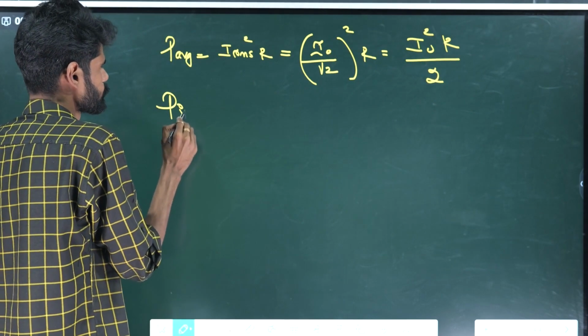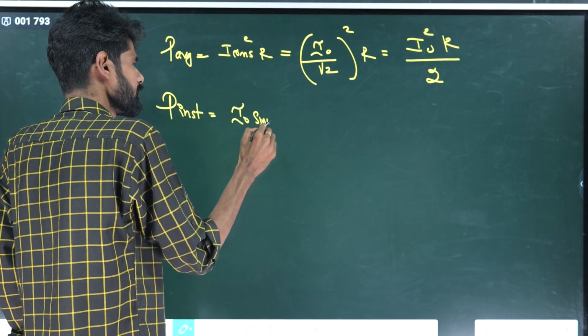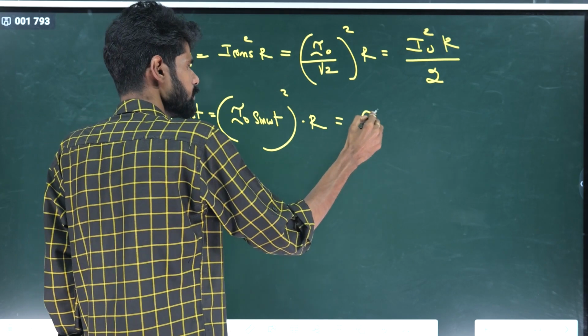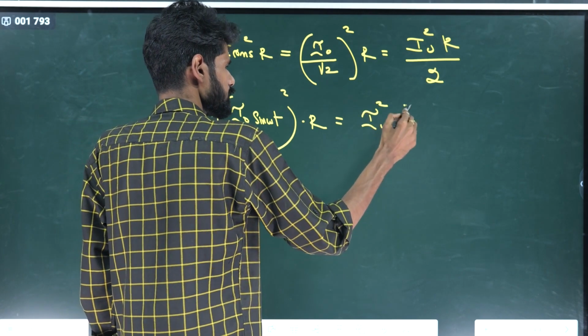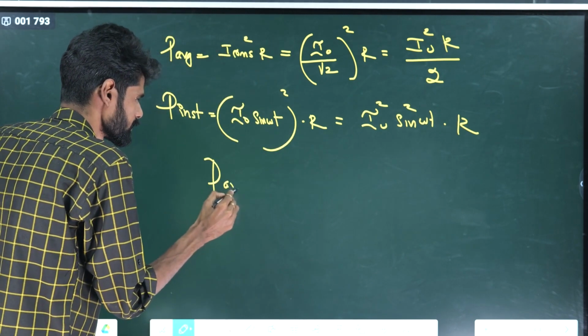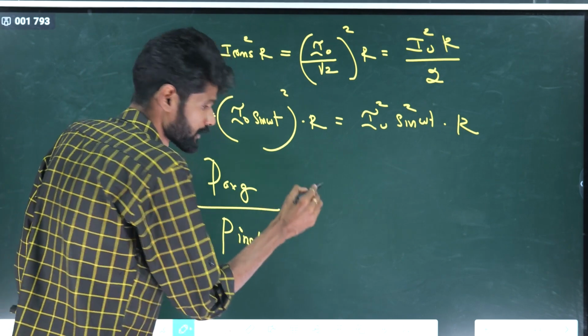What is the instantaneous power? Instantaneous power is instantaneous current squared into R, that is equal to I naught square sin square omega t into R. So what is the ratio of average power to instantaneous power?